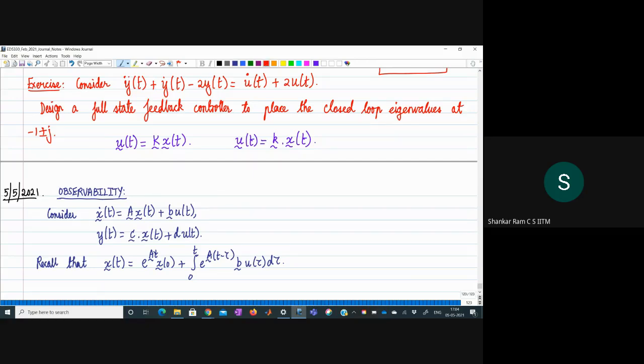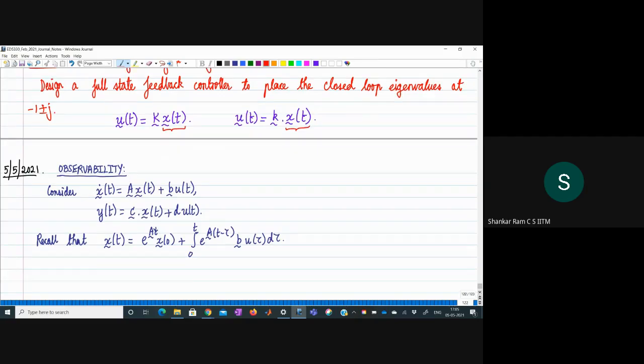The implementation of the full state feedback controller requires the knowledge of all state variables. However, the question is, how do we get them in real life? That becomes a challenge. That's where we look at what are called state estimators, and that's where observability comes into play.